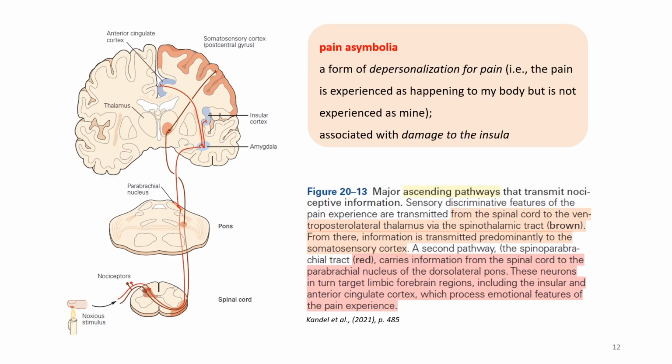Interestingly, people who display this condition experience the pain as happening to their body, but not necessarily as happening to them. And the brain area that is damaged in these cases and is part of this ascending pathway is the insula.